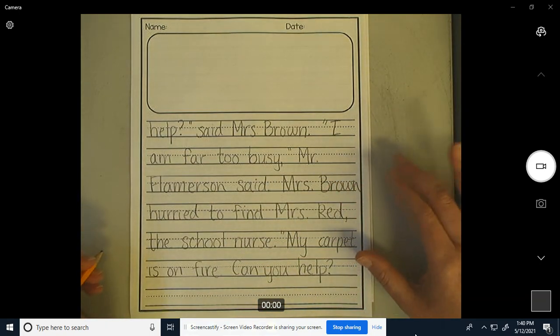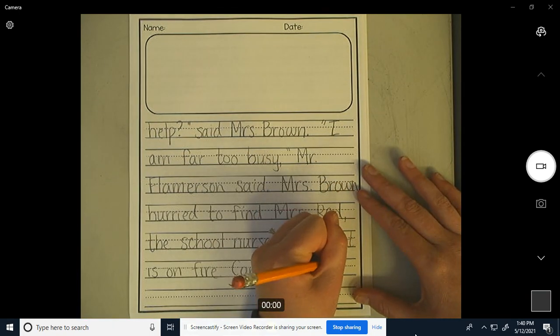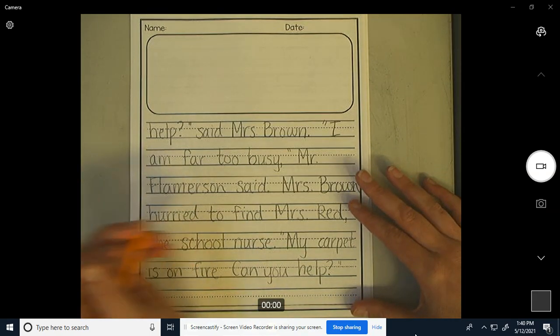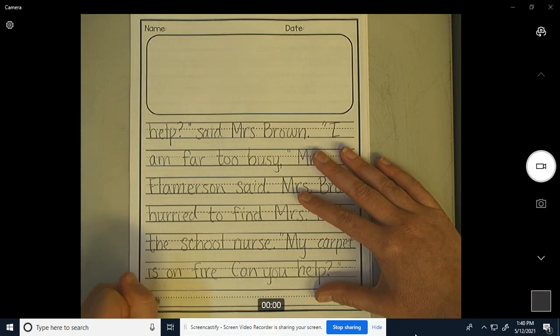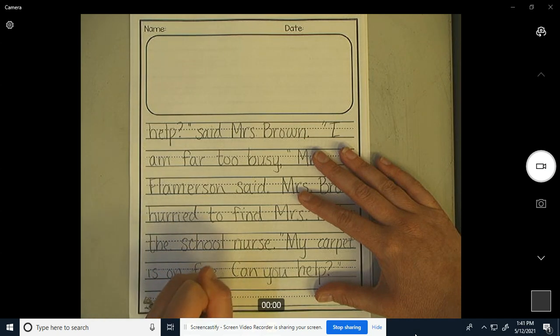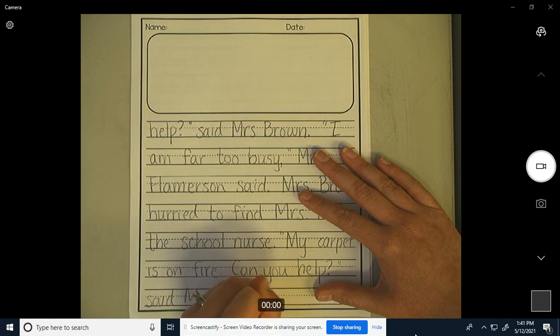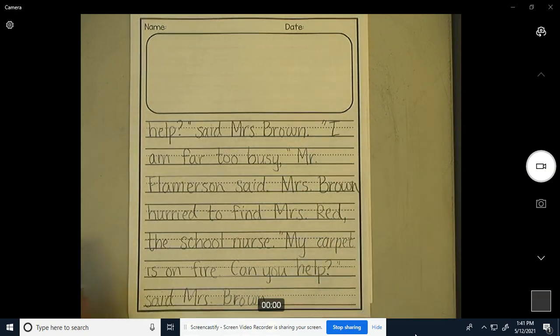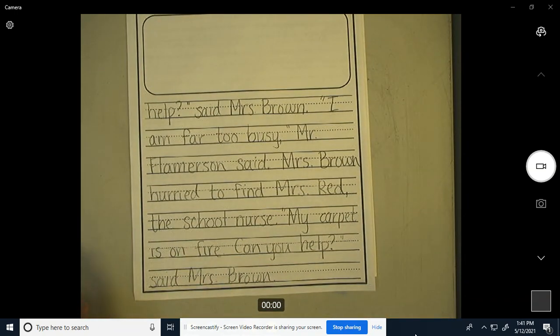I kind of did that on purpose. "My carpet is on fire. Can you help?" said Mrs. Brown. And she's going to say the same thing that Mr. Flamerson says. "I am far too busy."